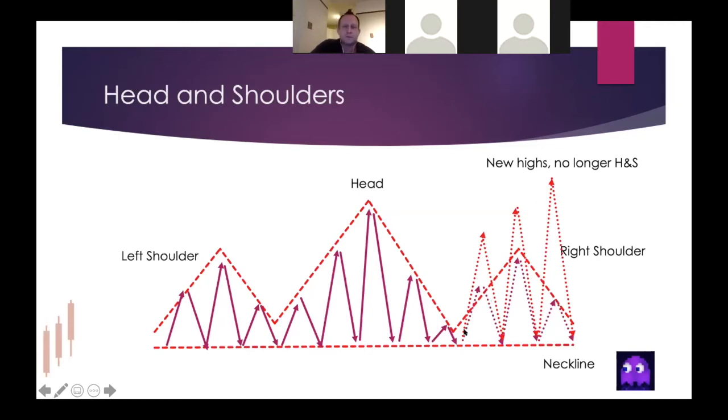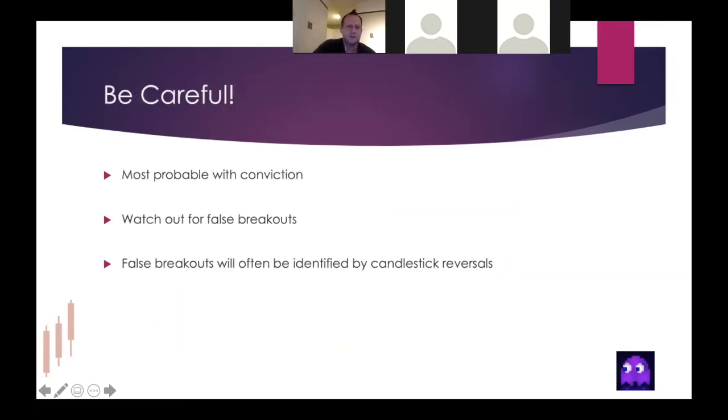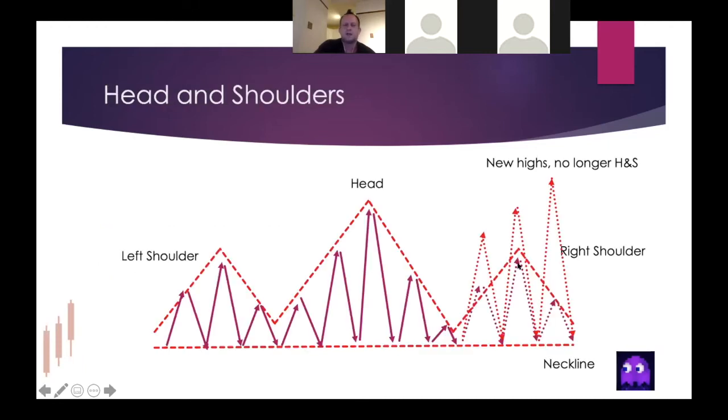So in other words, if we're at the end of the head in the head and shoulders, what we expect is the dashed purple line, right? We expect the shoulder to form, but if it does not, we could potentially see the red behavior.